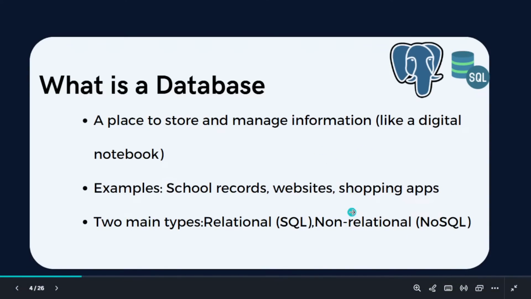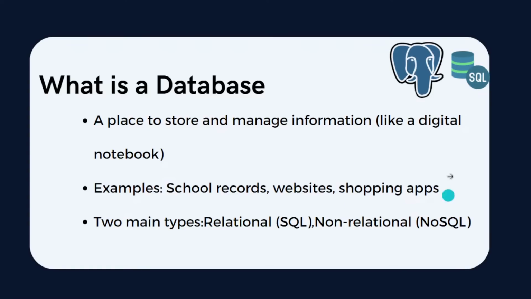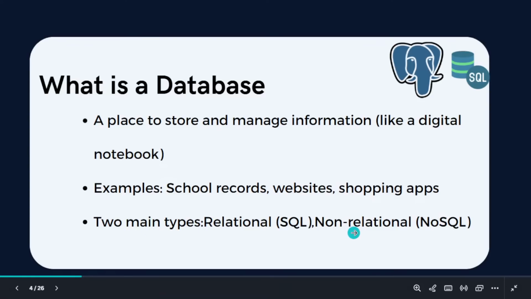If we store the product information, only then do we know how many products are left. So we need somewhere to store all the data, and that's why we use a database.